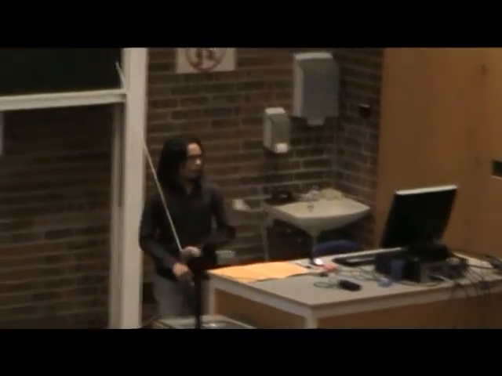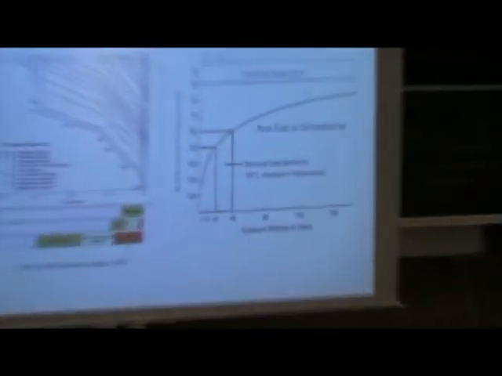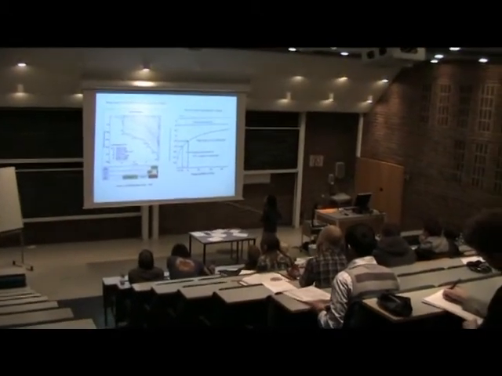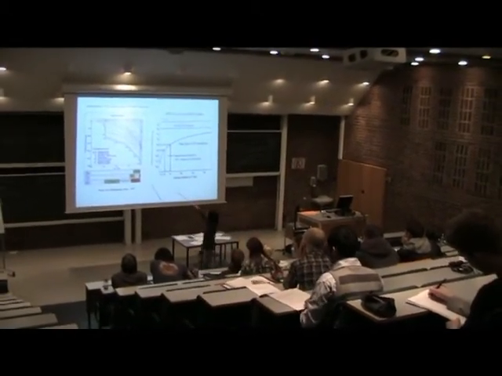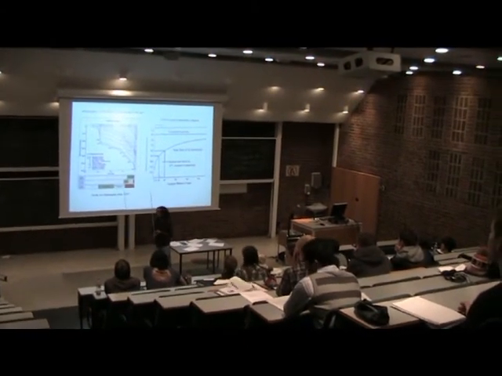This is a graph of the burial history of the North Sea from the tail end graph. Each line here represents a different point.